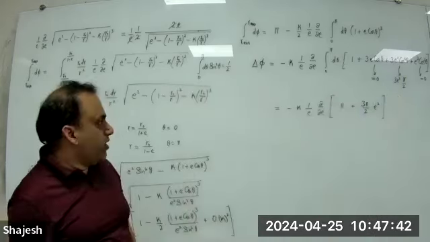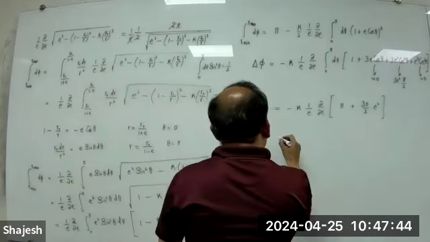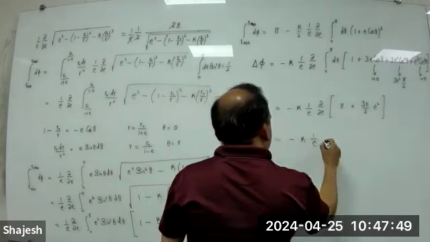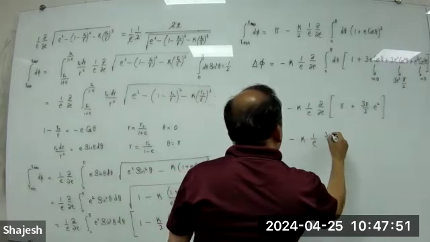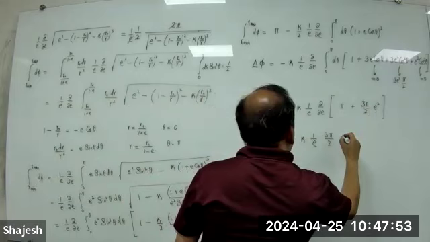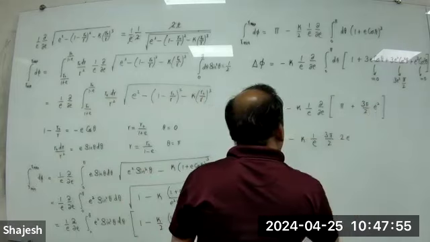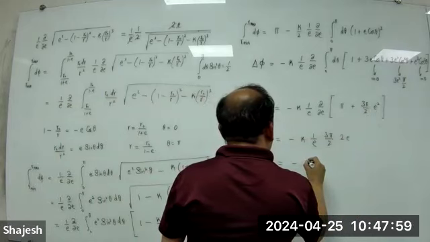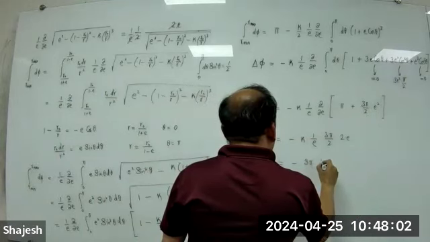Eventually we have to undo the derivative that we did, so that's minus kappa 1 over e, 3 pi by 2, and 2 times e cancels out, and this is exactly 3 pi times kappa.